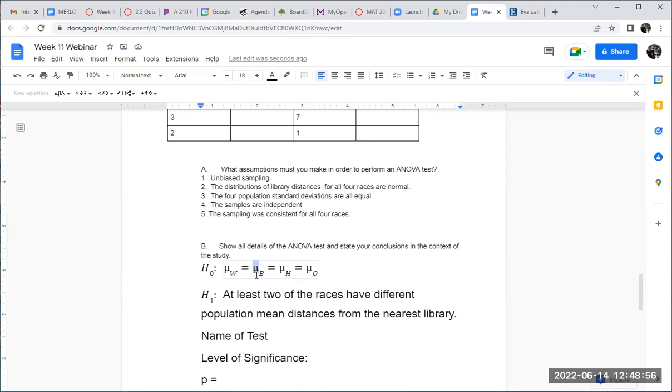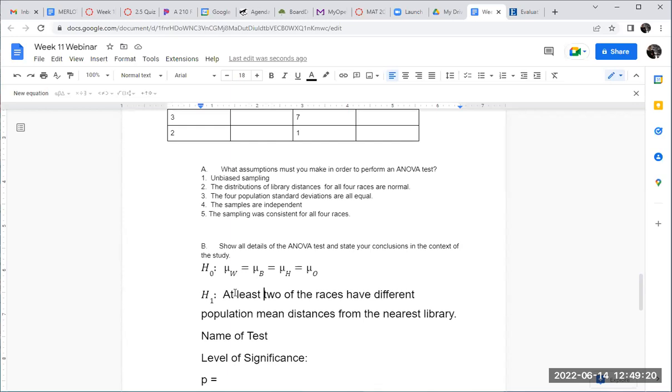The mu represents the population mean. The sub B means for Black people. So just for ANOVA, because when I used to do H1 in symbols, it was a complete mess. And I just couldn't get everyone to get it. So I gave up. And I don't give up too often, but I gave up on that one. So I decided I better do that one as a sentence.